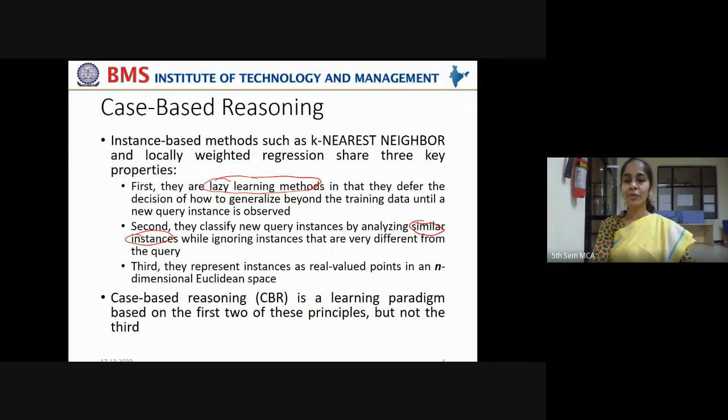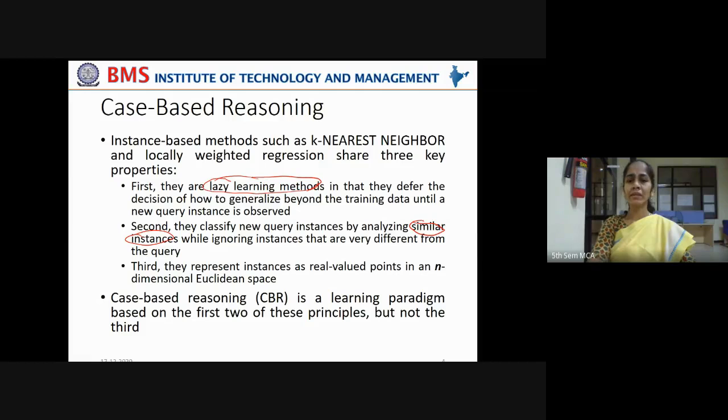Very different from the query means far away neighbors. They are not similar to the query point or the new instance. In that case, we neglect them. We consider only the nearest neighbors.